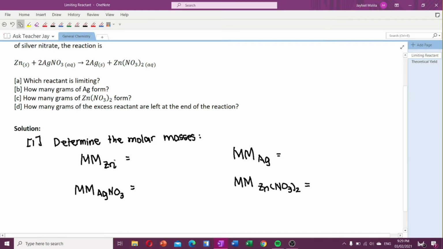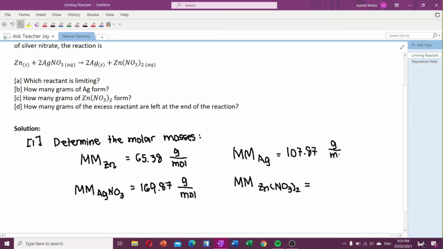The molar mass of zinc is 65.38 grams per mole. The molar mass of silver nitrate is 169.87 grams per mole. And the next one, the molar mass of silver, is 107.87 grams per mole.